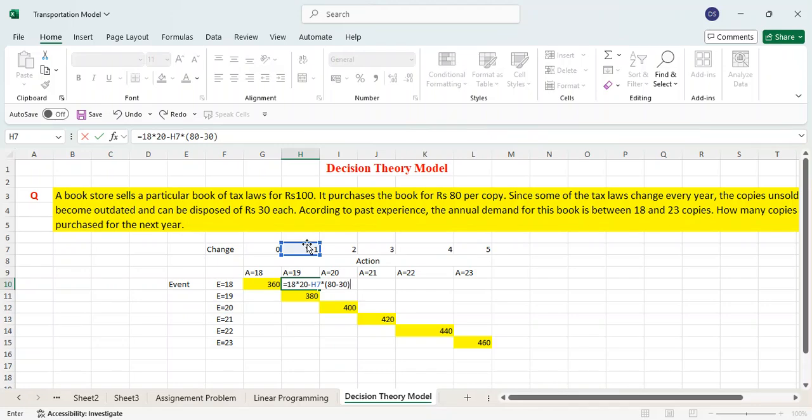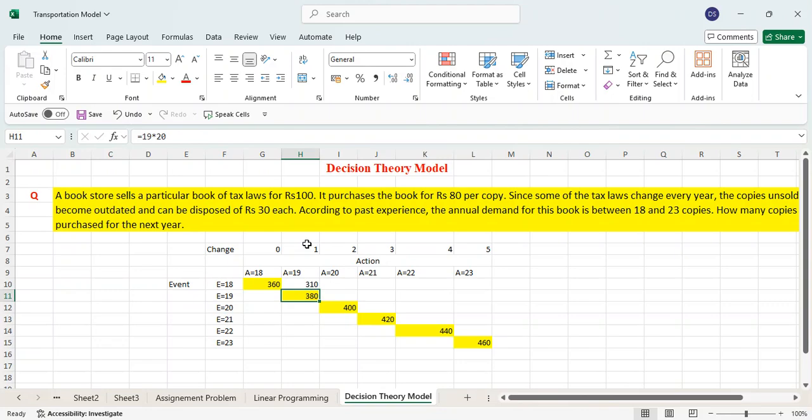So what should be your profit at that time? 310. If I drag it, then by keeping more and more books, you will get 310, 260, 210, 160 and 110 as the profit in the year when the market demand is 18.